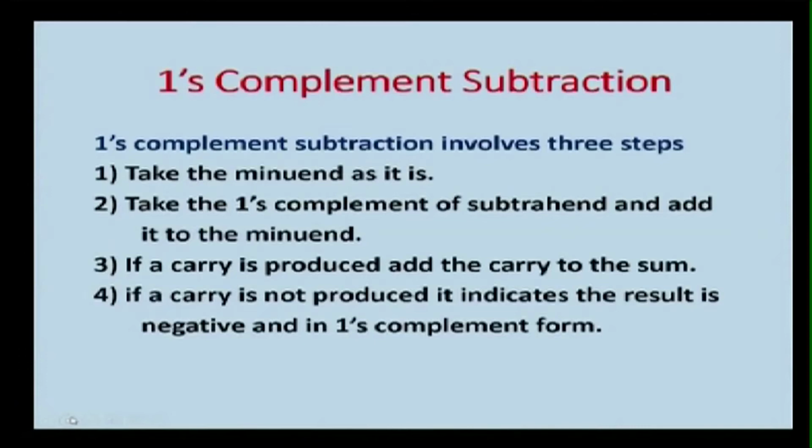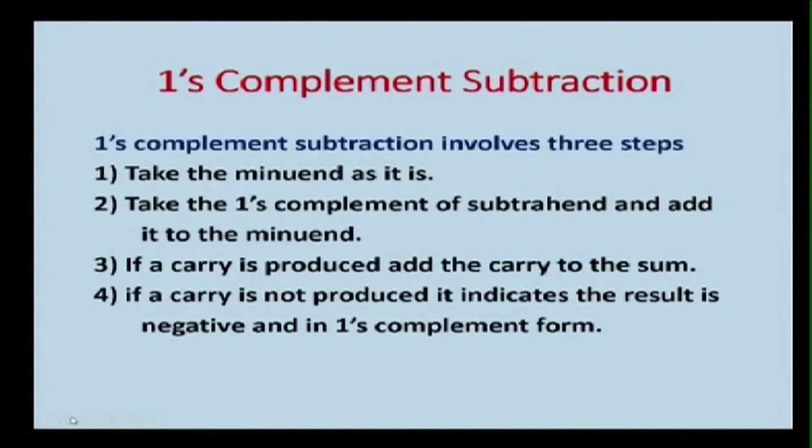In 1's complement subtraction, we have to follow certain rules. The steps involved are: first we take the minuend as it is, and the subtrahend, whatever is given, should be converted to its 1's complement.